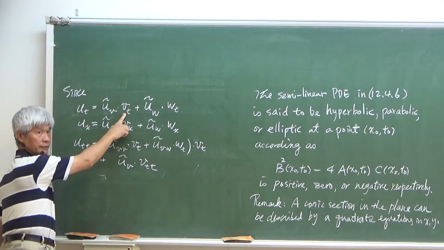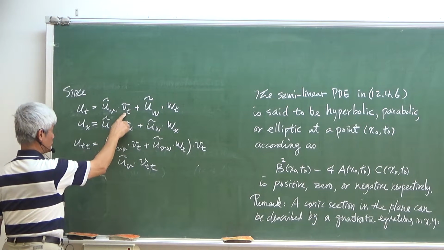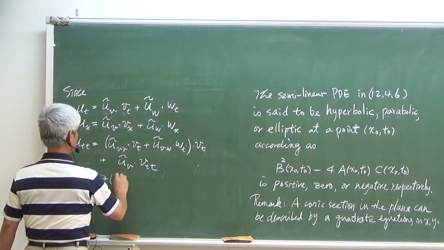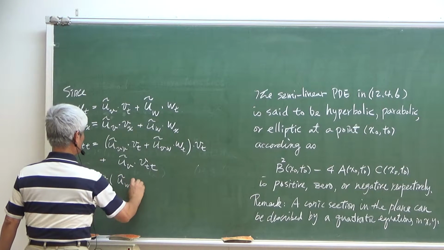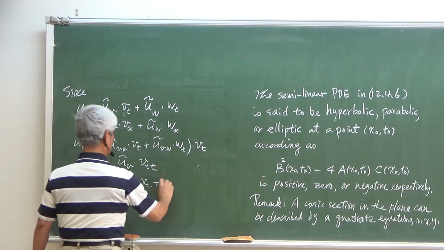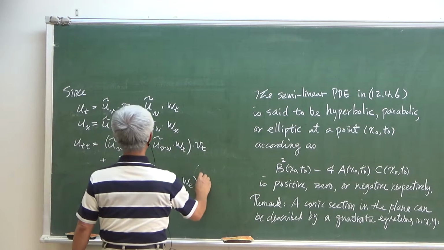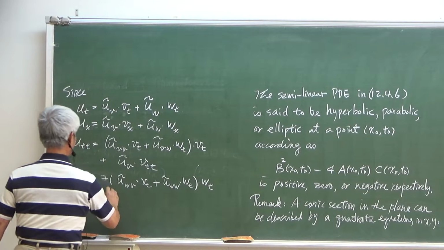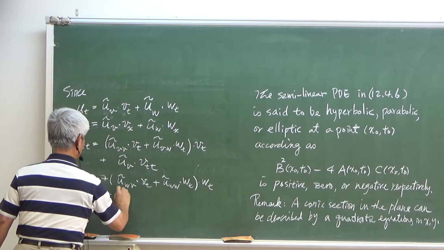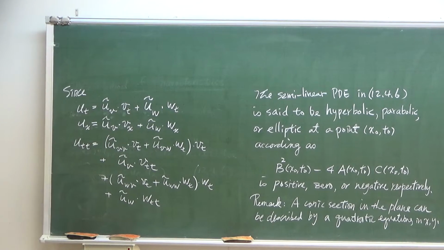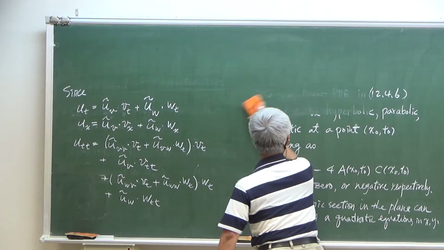We do the partial derivative of v_t with respect to t again. For this part, we have u_wv v_t plus u_ww w_t, times w_t, plus u_w w_tt. So you have a lot of terms here, all by the chain rule.